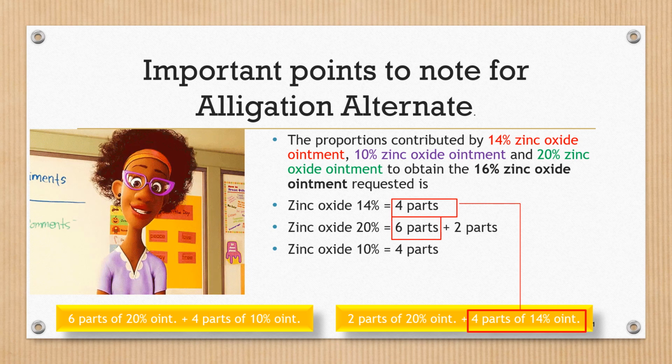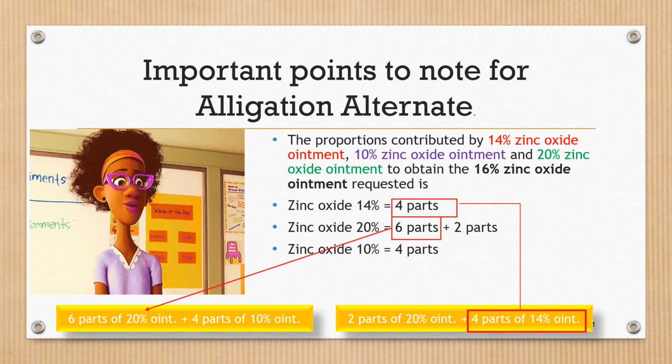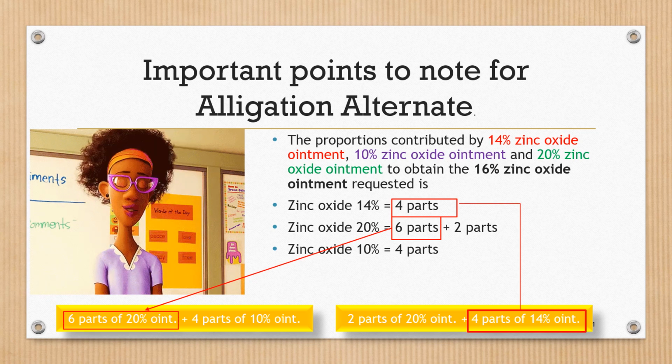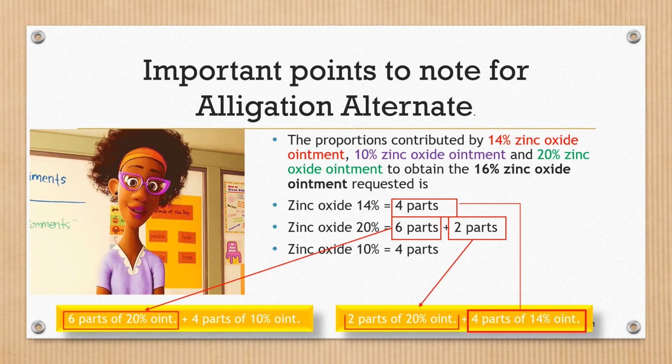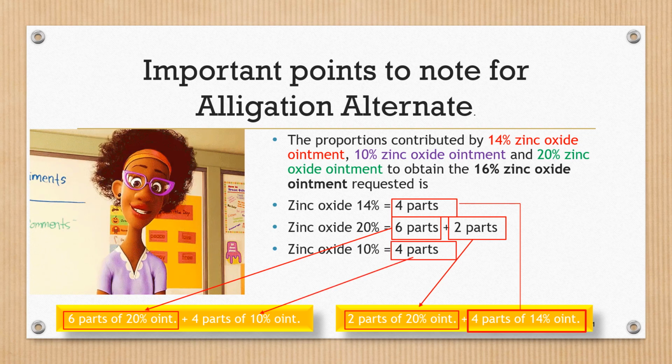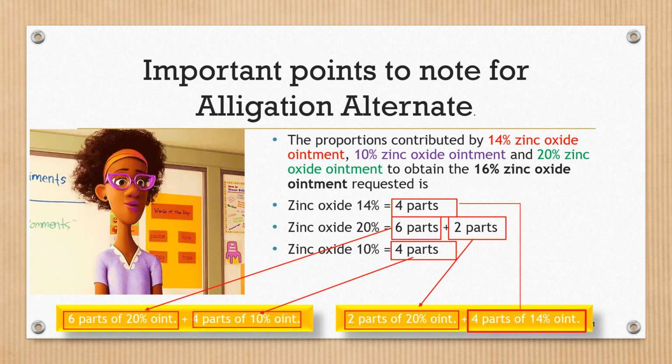In terms of the amount contributed by your 20%, this was in 2 portions. So it's 6 parts plus the 2 parts that was worked out in part B here, and you'd get a total of 8 parts for your 20%. And then in terms of your 10%, how many parts? You have 4 parts, as given here, 4 parts of your 10% ointment.